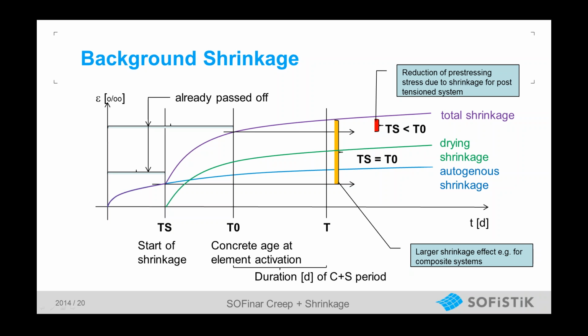So that means, talking about the red bracket here, that when we apply shrinkage, it will be taken into account from a time T0 up to a time value T, which is the duration time of our creep and shrinkage period.